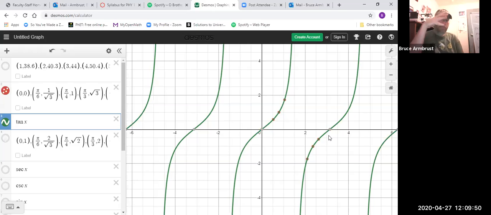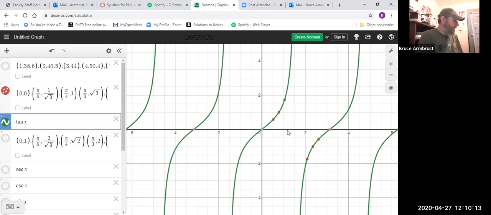So let's bring up some facts about this. I'm going to put these on the board so that when I get there, we'll have all this information. But let's just start with things that we recognize. First of all, I want you to notice that its domain is not all real numbers. There are problem spots, right? There's this vertical asymptote at pi over 2. There's another one at 3 pi over 2, and so on.